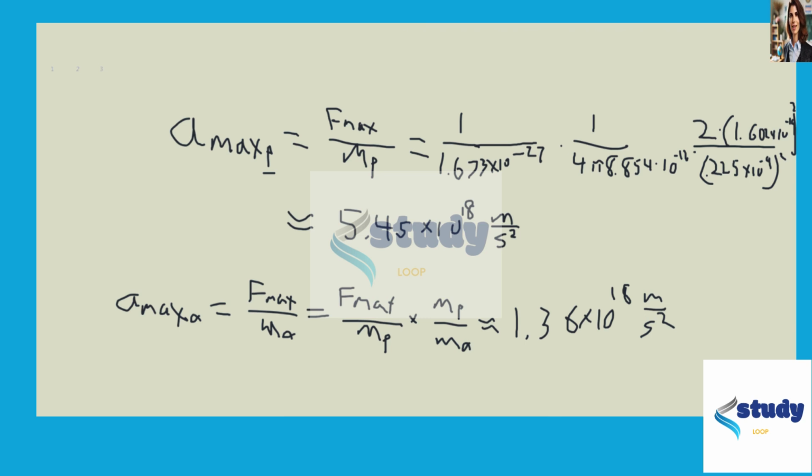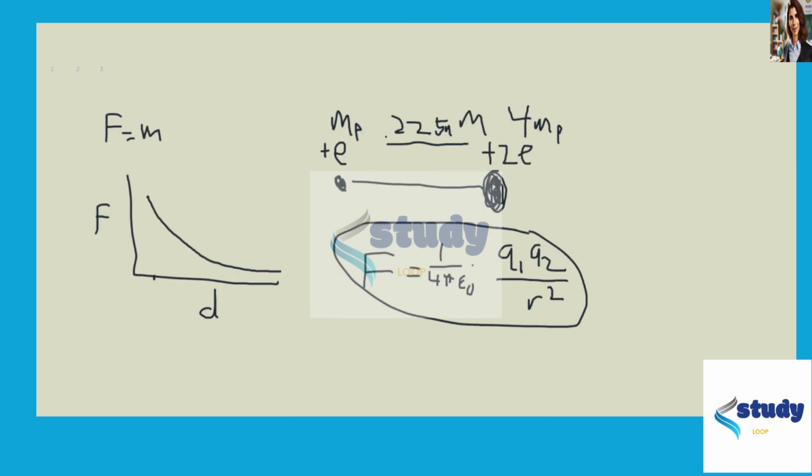Okay, and the question also asks where this maximum acceleration occurs, and like we said before, the force is highest when they're closest together because of this 1 divided by r squared term, and that is at this 0.225 nanometers when they're first released.